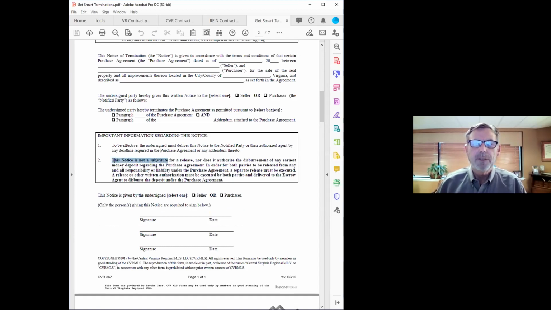Now, what I thought was interesting, okay, this language or this notice of termination is not a substitute for a release. I certainly agree with that. Although I don't know that I would agree, or if it's implying that a termination in and of itself isn't sufficient, because it is. The other thing is, nor does it authorize a disbursement of any earnest money deposit with the language in order for both parties to be released. I agree with that. A release or other written authorization must be executed by both parties, delivered.